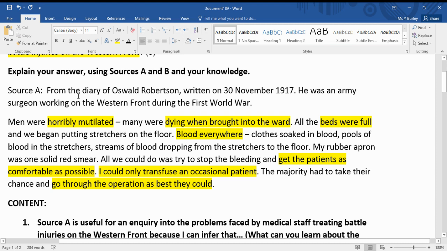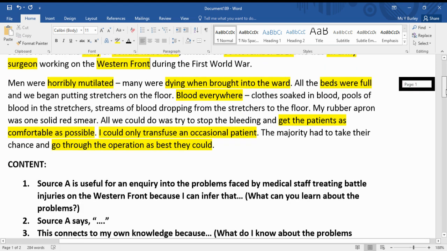It's from a diary. Quite interestingly, the nature of the source is a diary. It's from the diary of Oswald Robertson, and it was written on the 30th of November 1917. Now, he was an army surgeon, so this bit's going to be quite important to us in a moment. He was an army surgeon working on the Western Front during the First World War.